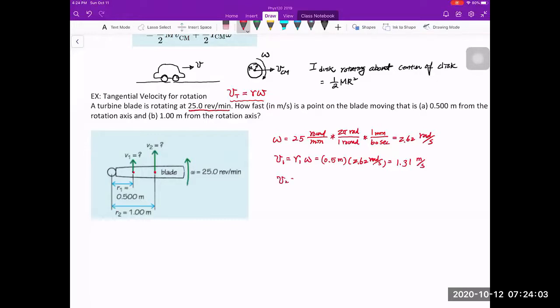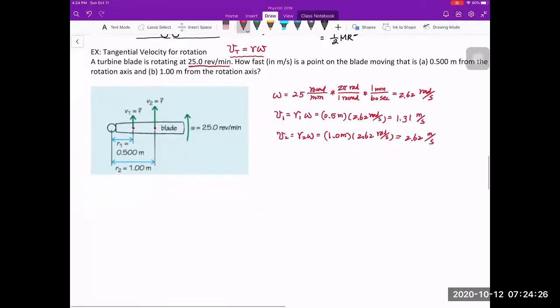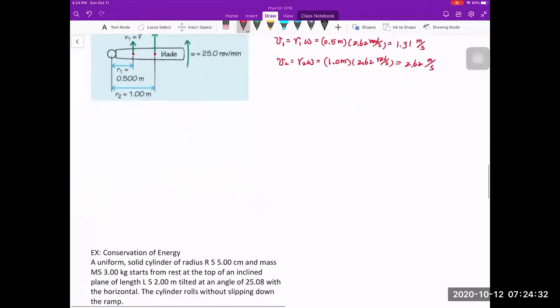And similarly, you get V sub 2, which is R2 omega, and this time R2 is 1.0 meter, times 2.62 radian per second. That will give you 2.62 meter per second. Okay, so that's how you can use this information to find the speed at a different point of this object.